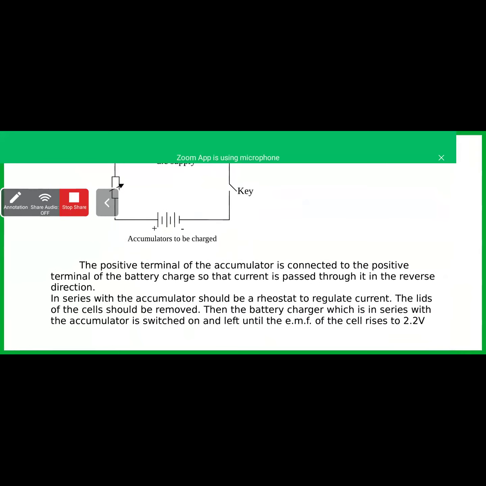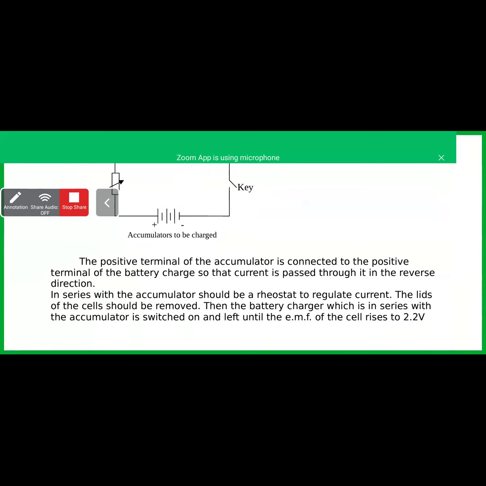So can we have someone to read for us very fast? It's only Linda whose hand is up. Okay. Ruth Colette, unmute.